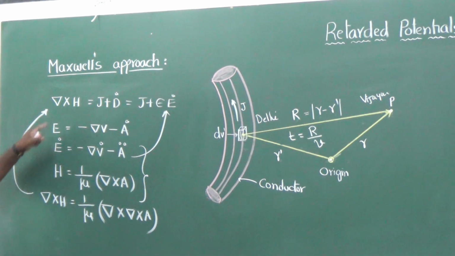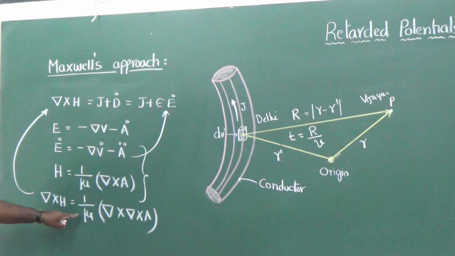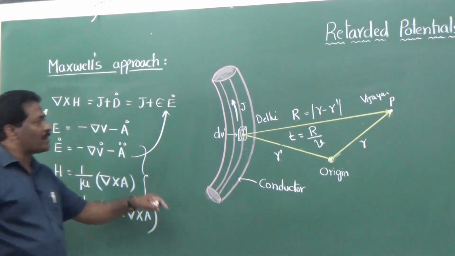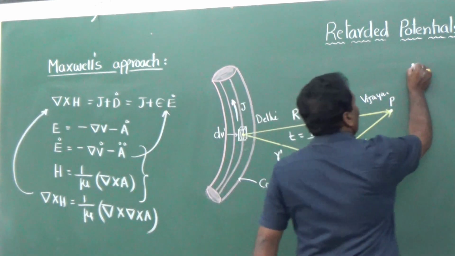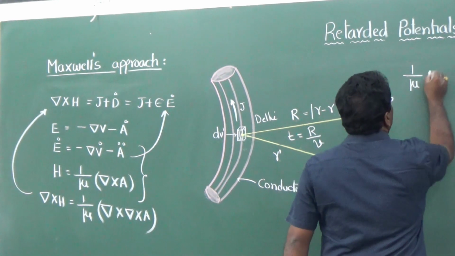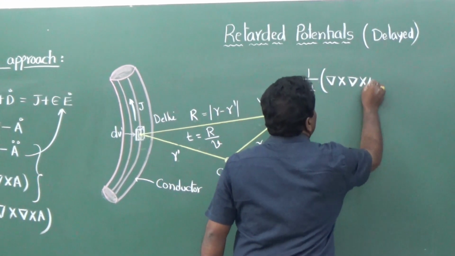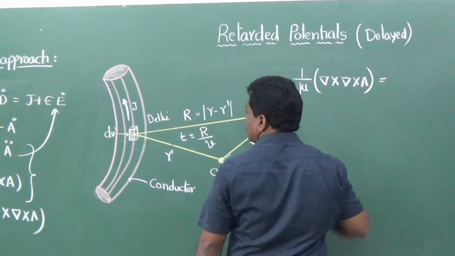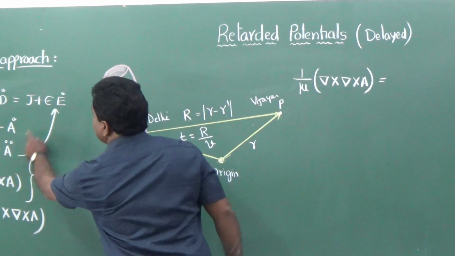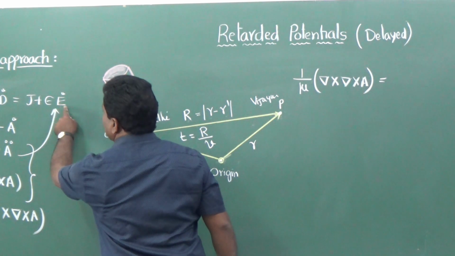So finally, I can write 1 by mu of del cross of del cross of A is equal to J plus epsilon times E dot.